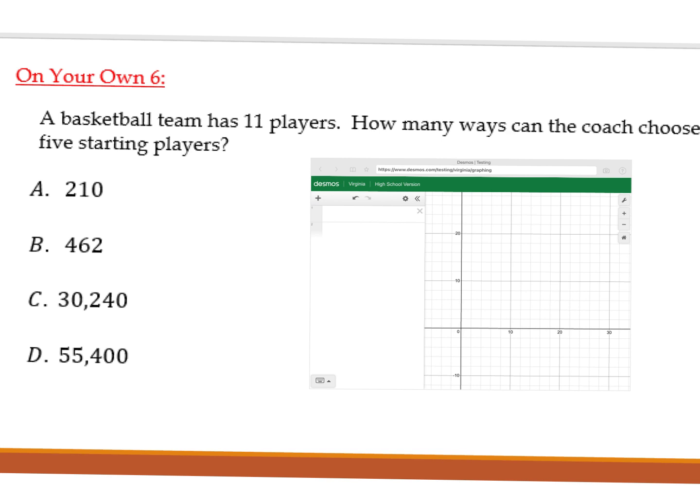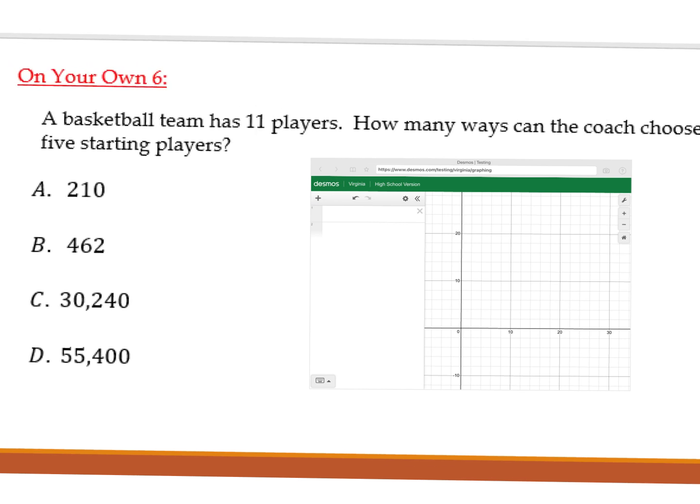We just want 5 starting players. So this is going to be a combination. I'm going to write my combination. I have a total of 11 players, so that is my value for N, and I am choosing 5 players, and that is my value for R.